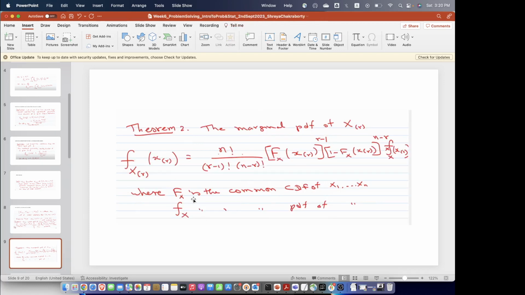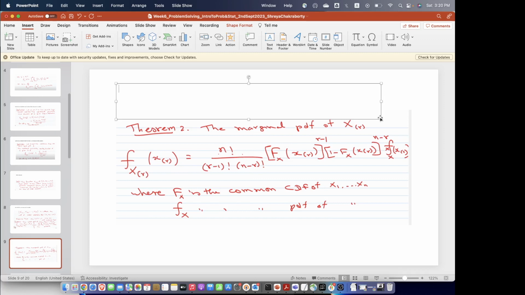And also we learned how to find out the marginal PDF of the rth order statistic given the CDF, not the joint CDF, but since this is IID, that is the common CDF and common PDF of the n random variables.